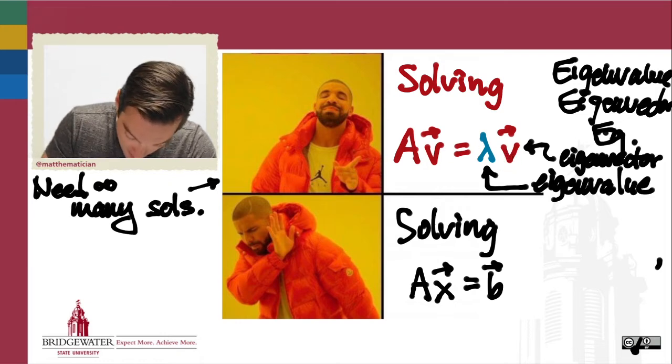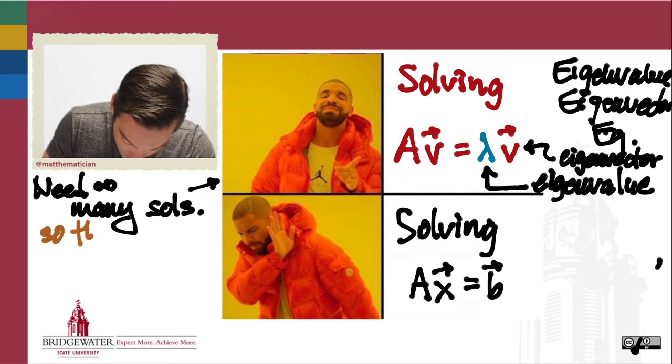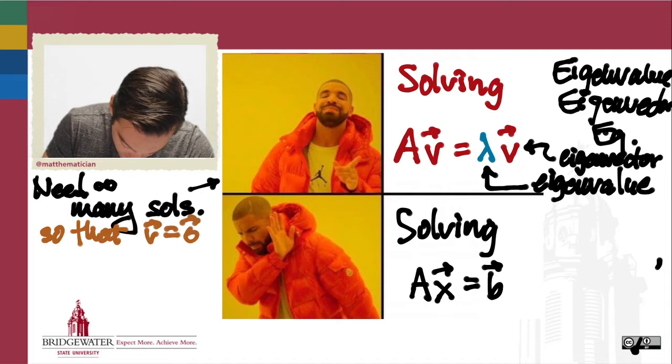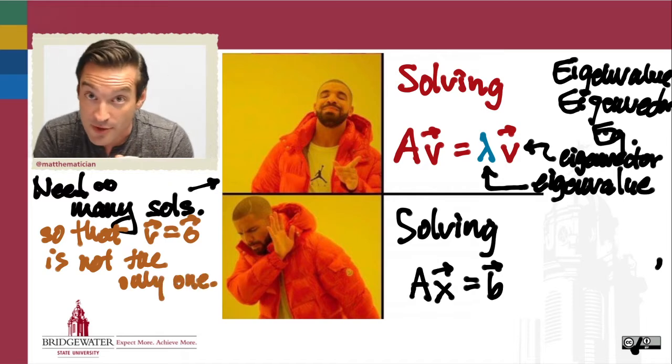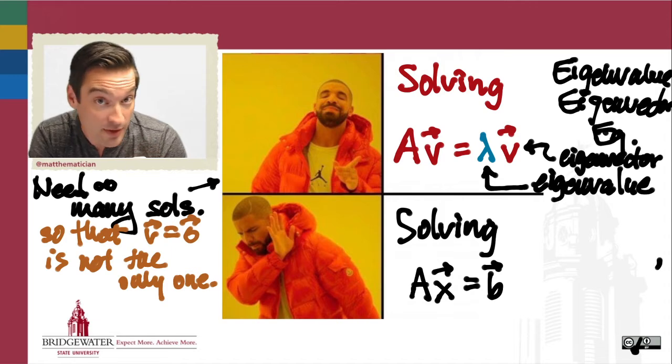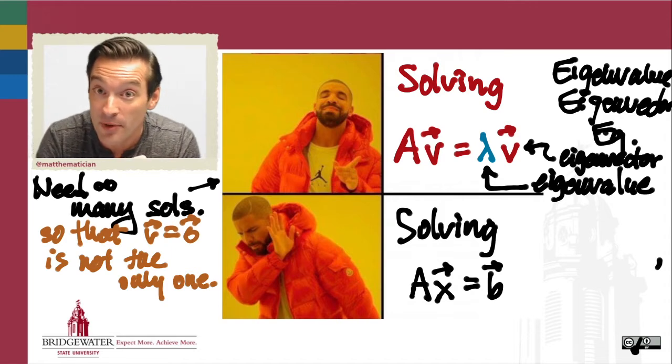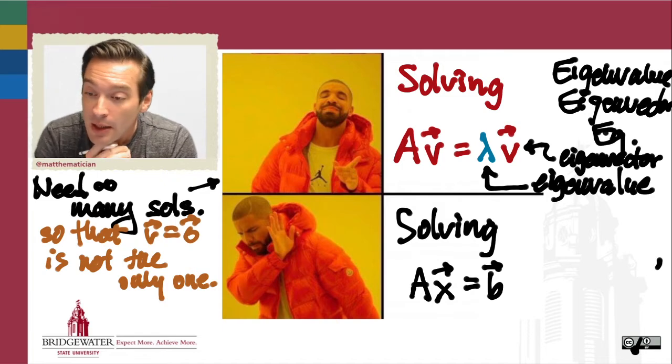And so the key is we need there to be infinitely many solutions so that 0 is not the only solution. So we're never going to let 0 be an eigenvector. 0 is going to belong to every eigenspace, but we're never going to let it be an eigenvector. It's always the bridesmaid and never the bride here.